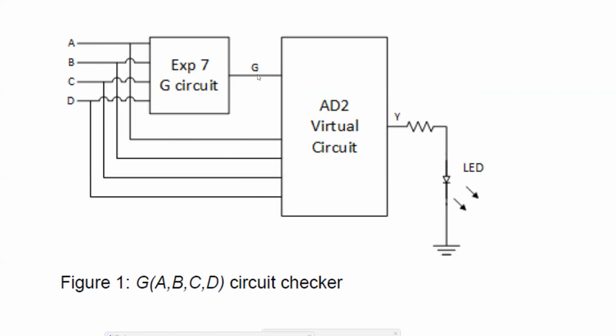This circuit will check if the result here, 0 or 1, is actually correct, or whether it corresponds to this one. And then we have an LED here. This is the output of this circuit, Y. So in this lab, you need to design this circuit.